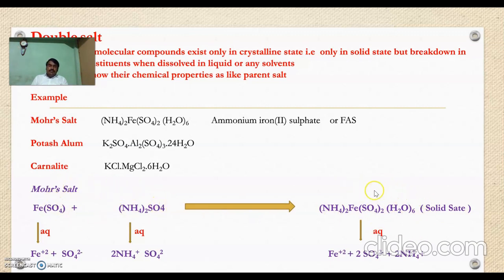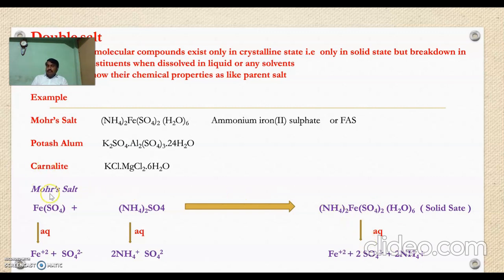But when we mix this ferrous ammonium sulfate in aqueous media or any other media, it gives each ion test, that is Fe2+, SO4 2-, and NH4+, that is ammonium ion, means it breaks down in a liquid state, that is this type of compound is called a double salt.